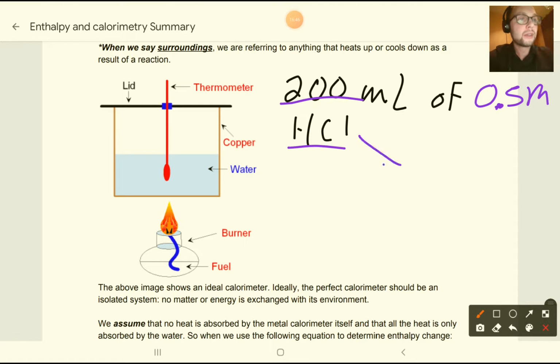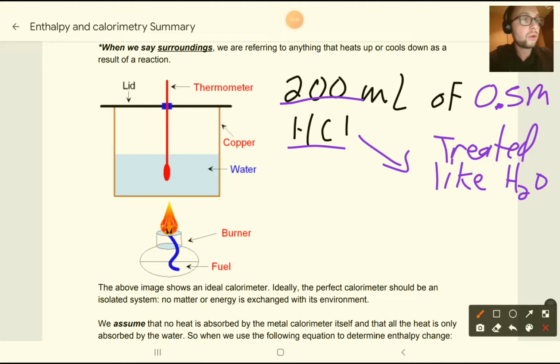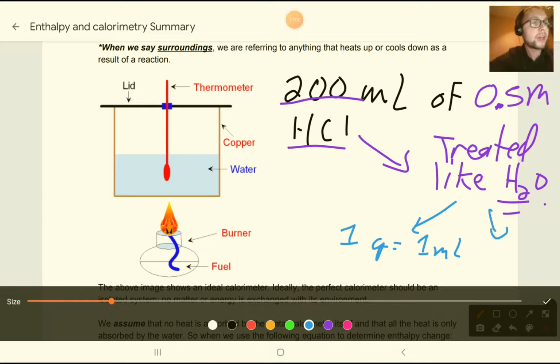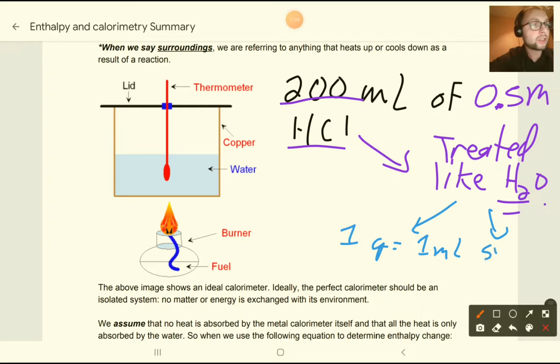This is treated like H2O, in the sense that 1 gram is equal to 1 milliliter, and that it's the surroundings. And I'll just put surroundings, just like that. So any type of solution is going to be treated like water, and it's going to end up being the surroundings. We'll get into more details like this on Monday.